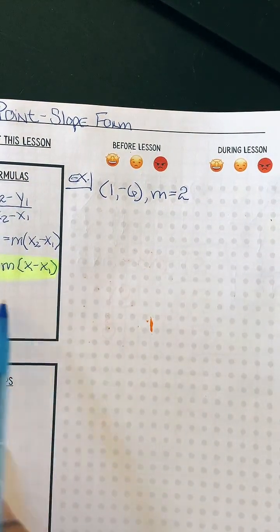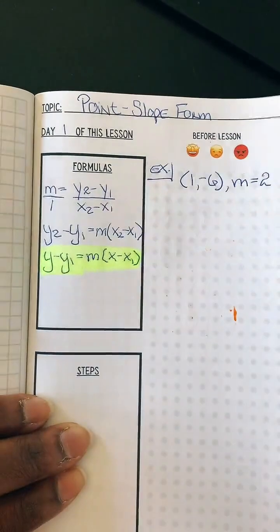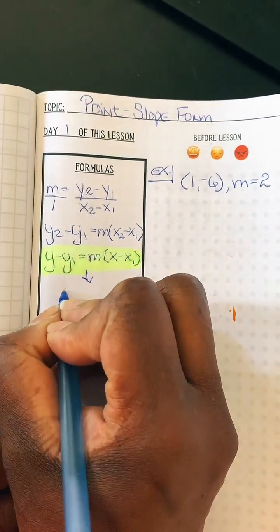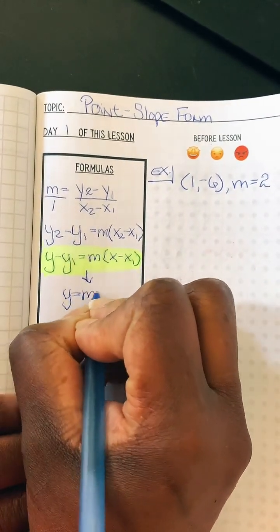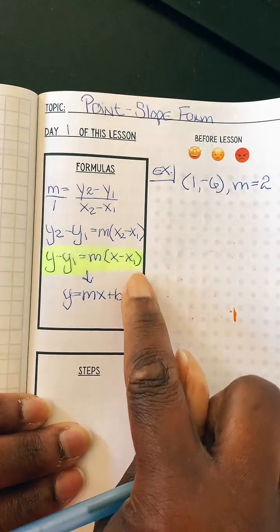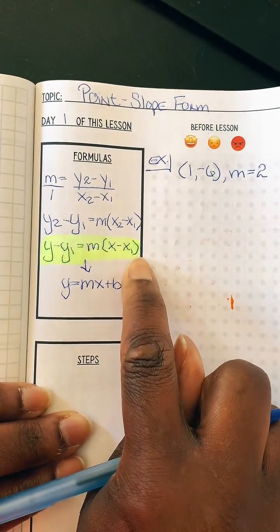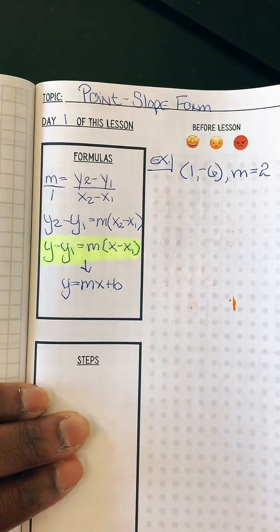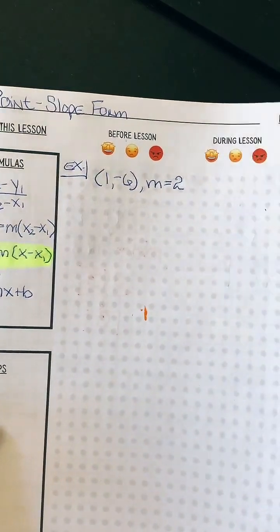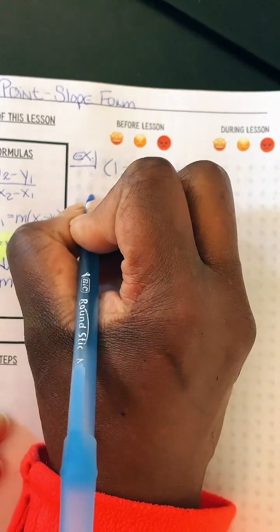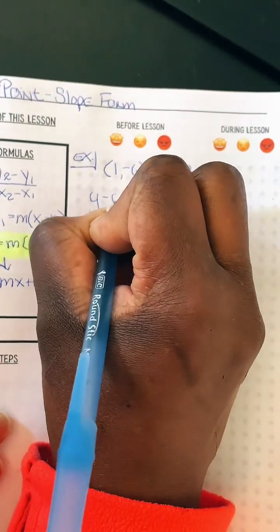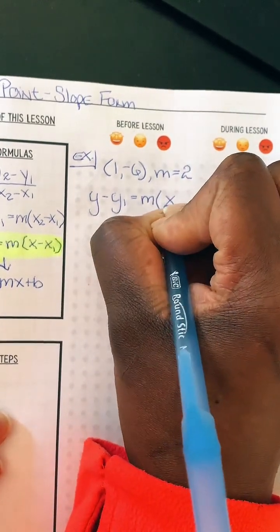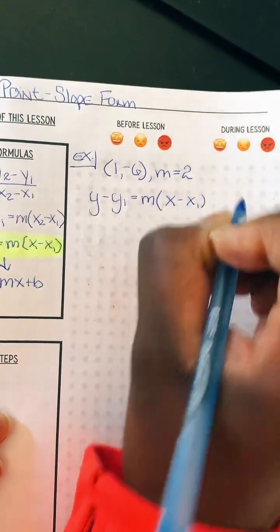So what's going to happen is I'm going to go from this format to what's called the equation of the line, which is simply y equals mx plus b. So we're going to start off with point slope. We're using this information for us to put it into that slope-intercept form, right? So now, not a problem. So if we go here, we have our y minus y sub 1 equals m times x minus x sub 1.